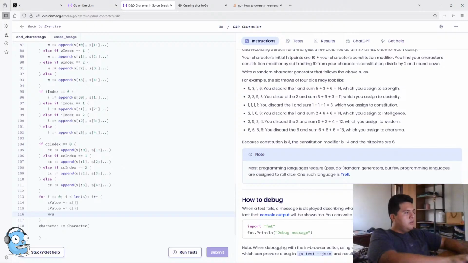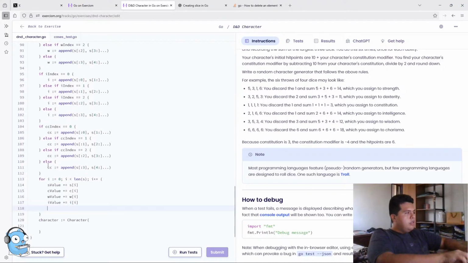I w value plus equals to w, I value plus equals to I index value, d value plus equals to d, cc value plus equals to cc index.